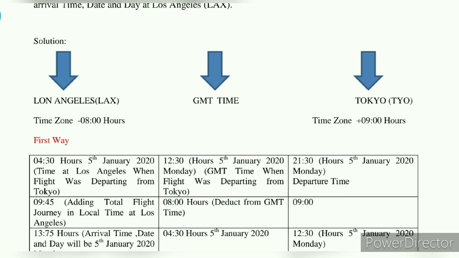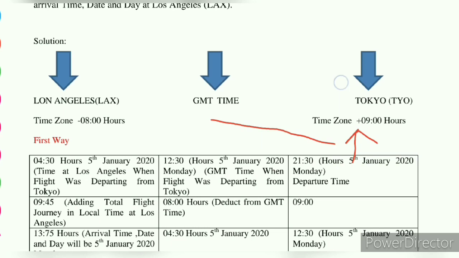So first we have to calculate the GMT time with the help of the time zone of Tokyo, which is plus 9 hours. Here you can see this is the GMT time of Tokyo. With the help of that we will try to calculate the GMT time.